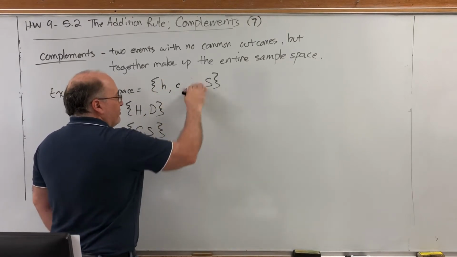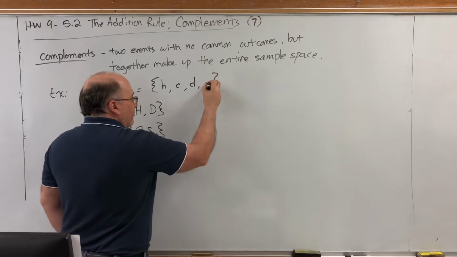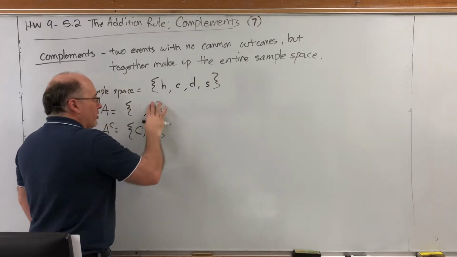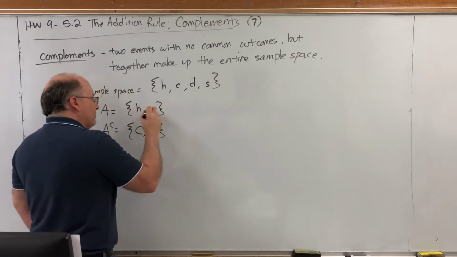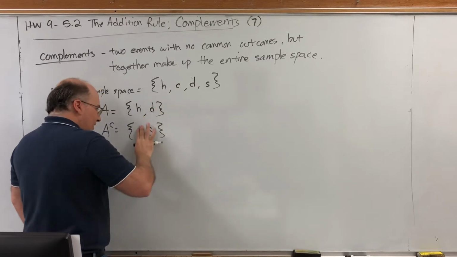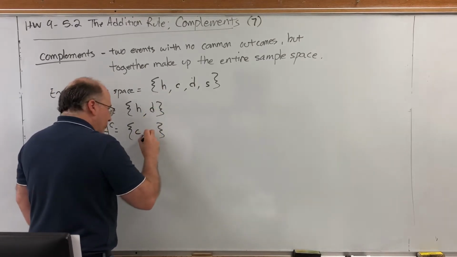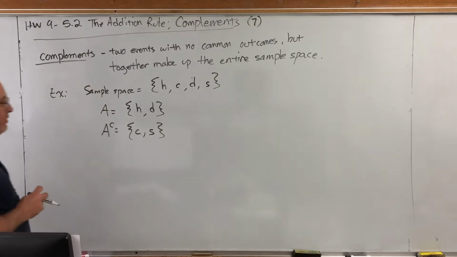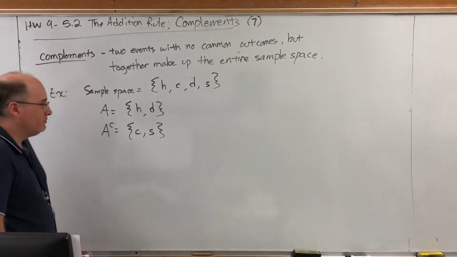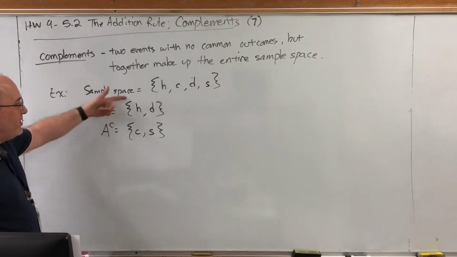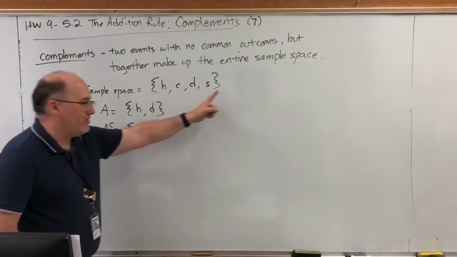So I'm just going to change them to lowercase to represent abbreviations for hearts, clubs, diamonds, and spades. A very minor thing, but it's just bothering me. But complement just basically means everything that's not in the first event. So they have nothing in common, but together they have everything.